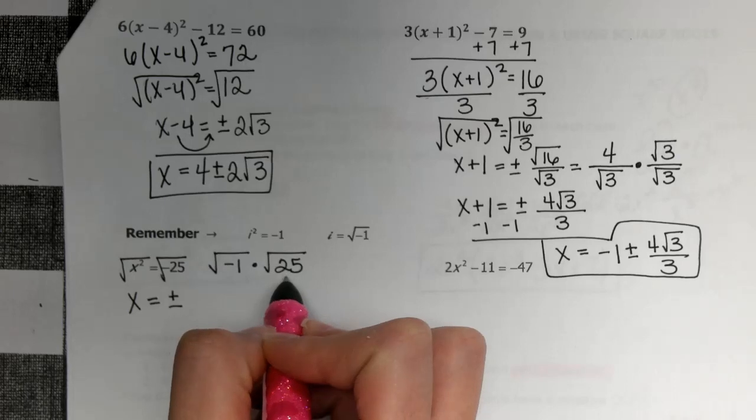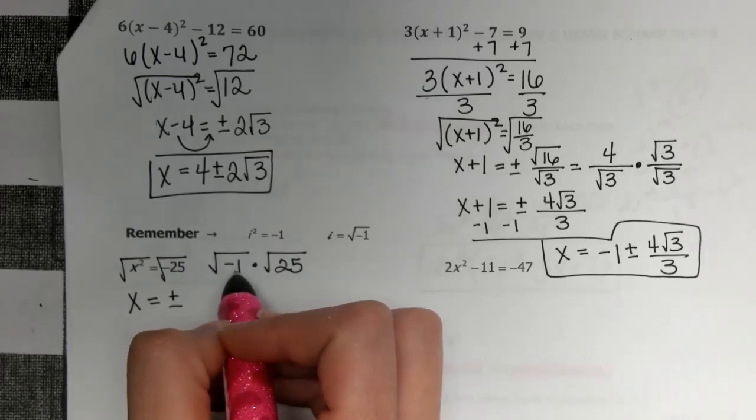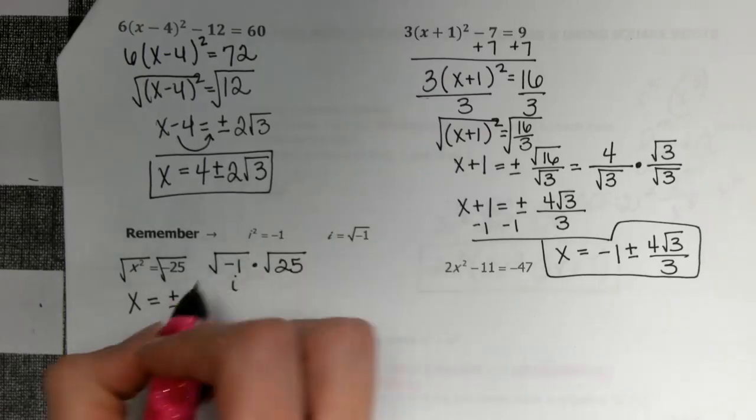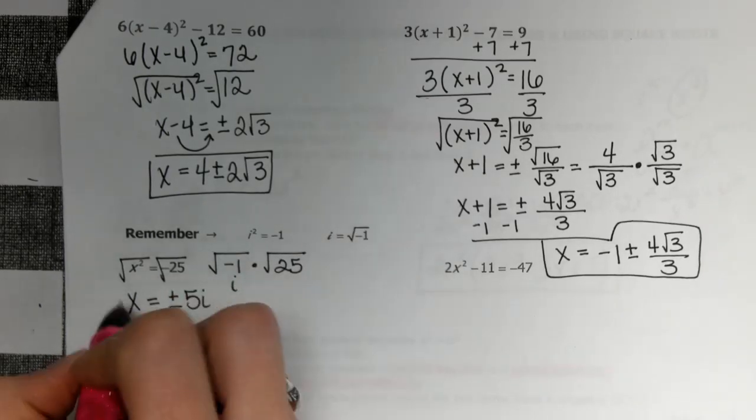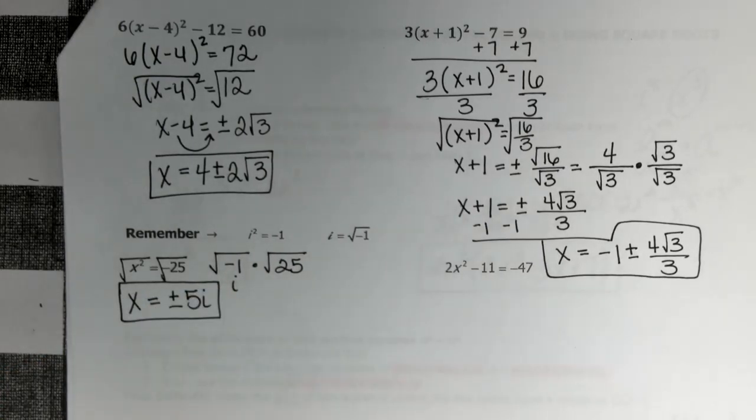Square root of 25 is a perfect square. Square root of negative 1 is what? My i. So it's plus or minus 5i. When it's a perfect square, remember that i goes behind that number. It goes in front of a radical, but behind the number that would be a perfect square.